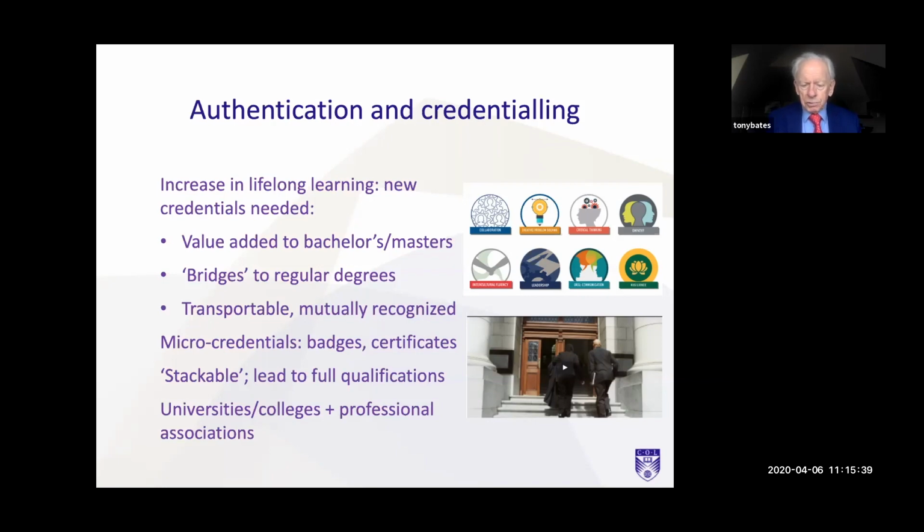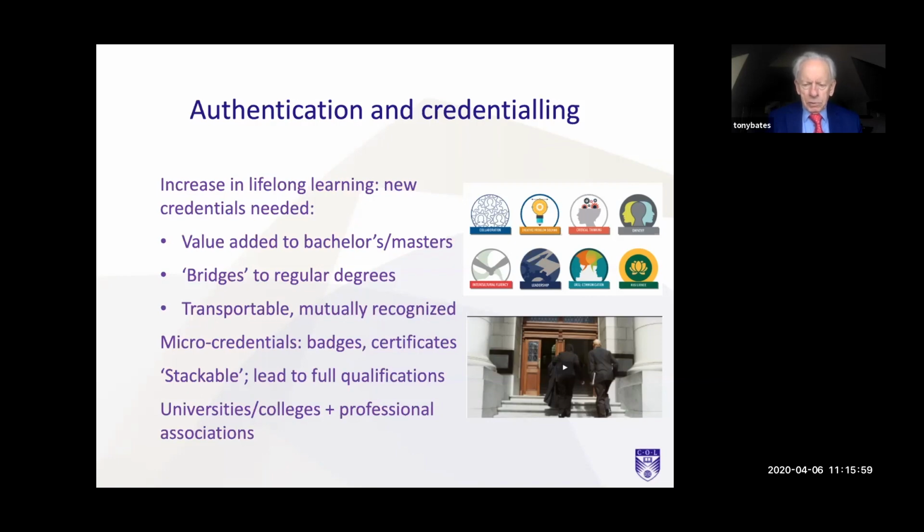And if you do several certificates, they might build up to a diploma. And if you get a couple of diplomas, that might add up to a degree. So these micro-credentials need to be stackable and lead eventually to full qualifications.